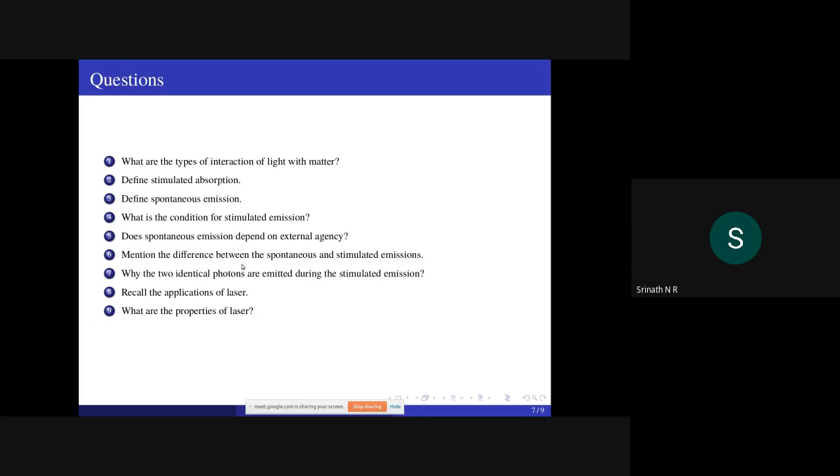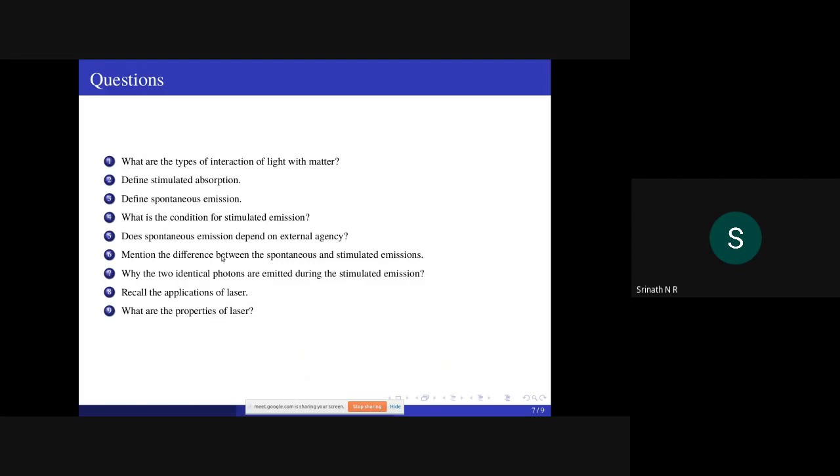Mention the difference between spontaneous and stimulated emissions. The first difference is the atom does not require an external agency for its decay in spontaneous emission, whereas stimulated emission requires external energy. In spontaneous emission, one photon will be emitted. In stimulated emission, two identical photons are emitted.